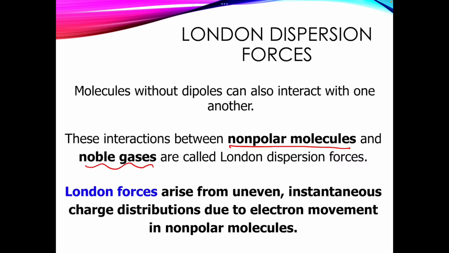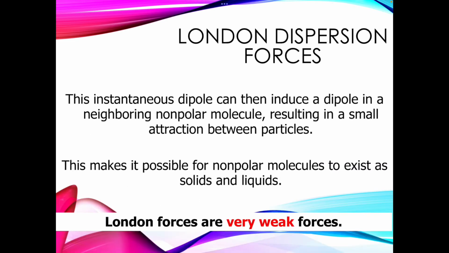If the electrons shift to one side or the other, they can make one side negative and the other side positive, which is why we call this an instantaneous charge distribution. It just happens because at one point in time, the electrons are heavier on one side than the other. This is called an instantaneous dipole.